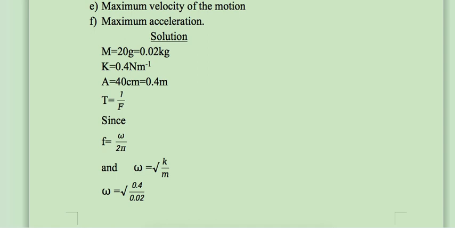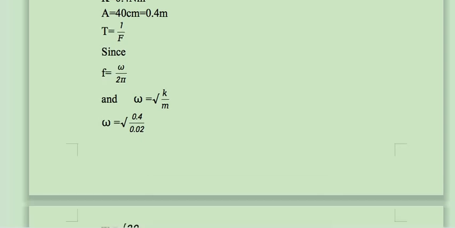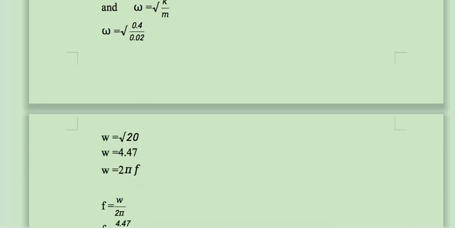So we just need to substitute, so that omega is equal to square root of 0.4 divided by 0.02. And when you solve it, you have that your omega will be equal to 4.47 rad per second. Sorry for the missing unit there.